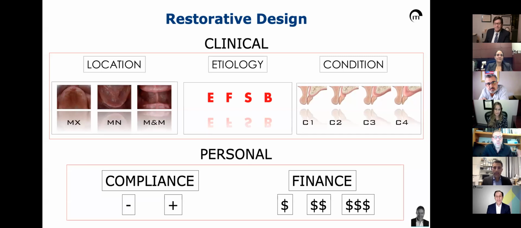So, of course, on the one hand, when it says location, we're actually looking at a couple of things here. We're looking at how the patient presents.